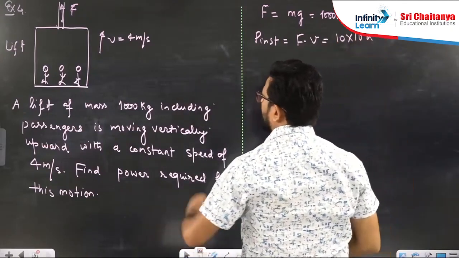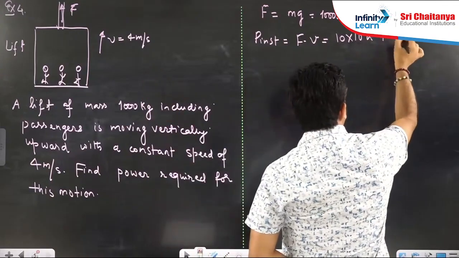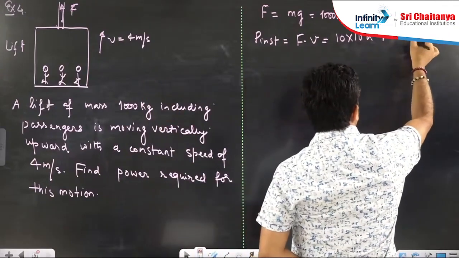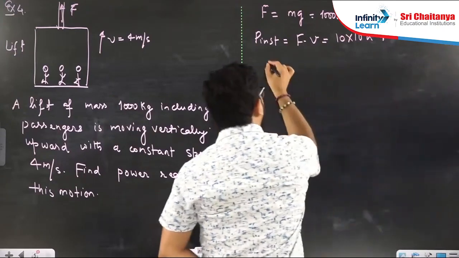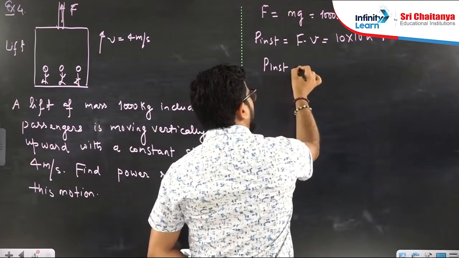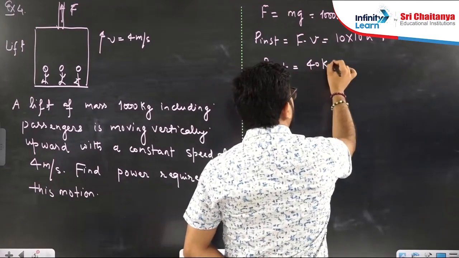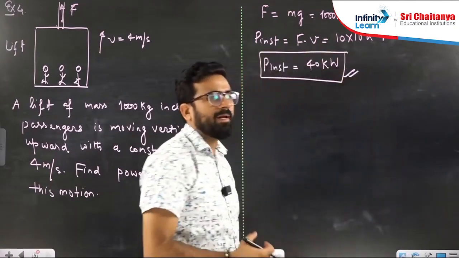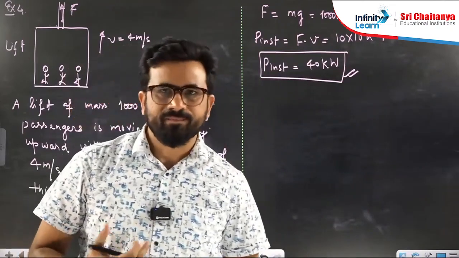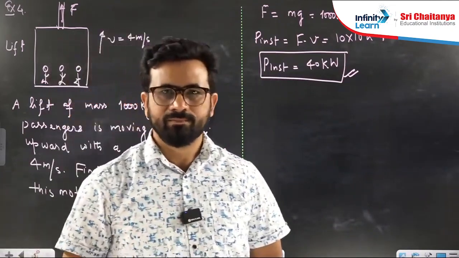Velocity is how much, beta? 4. So power is equal to 40 into 10 to the power 3 watt, or we can say the instantaneous power would be 40 kilowatt. It is the power supplied to the lift. It is the required power.